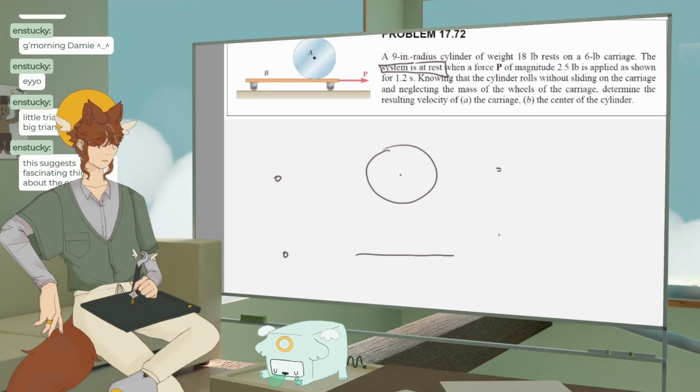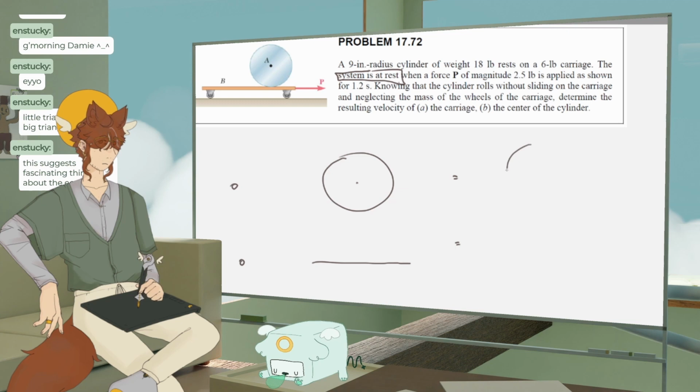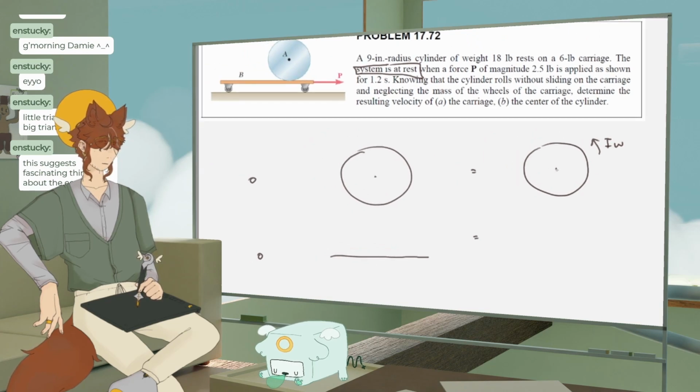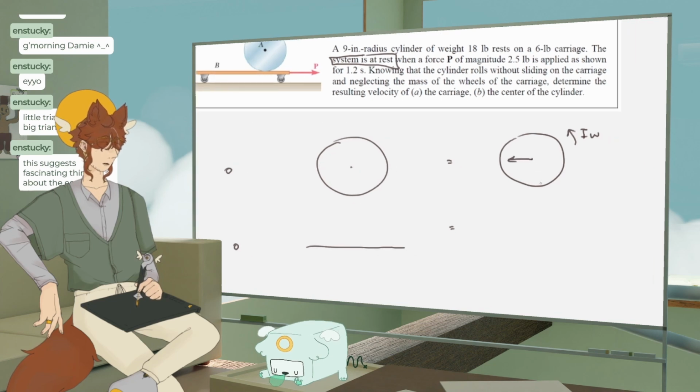Sometimes I wonder if my professor saw the way that I think about some of these things. What would she think? Actually, I need to think about the forces there before I figure out which way. For the longest time, I was like, what if it went this way and rolled backward?